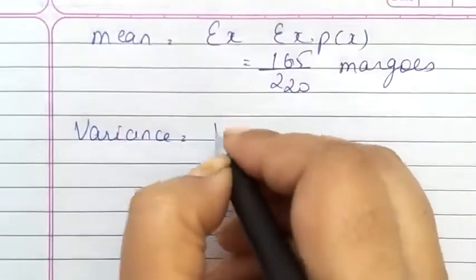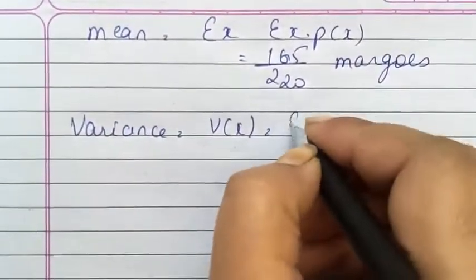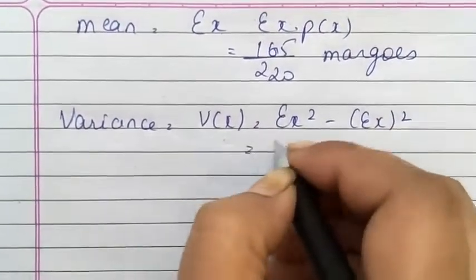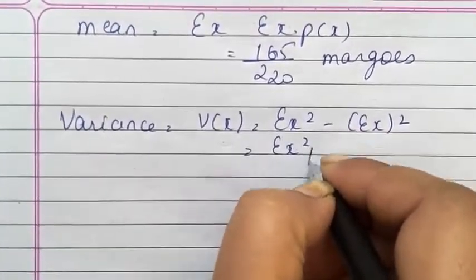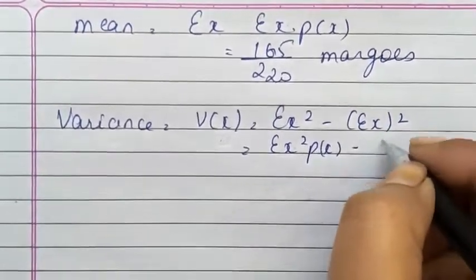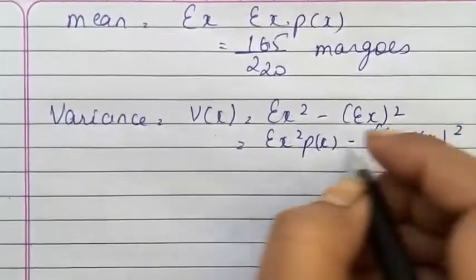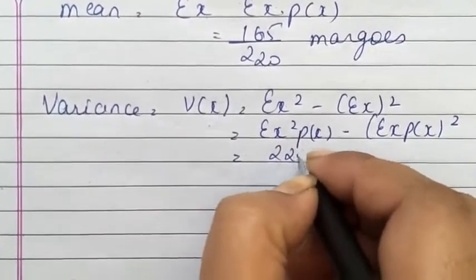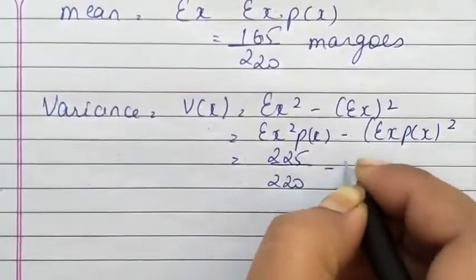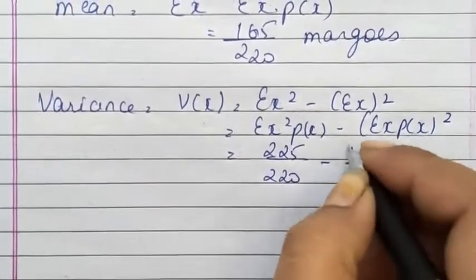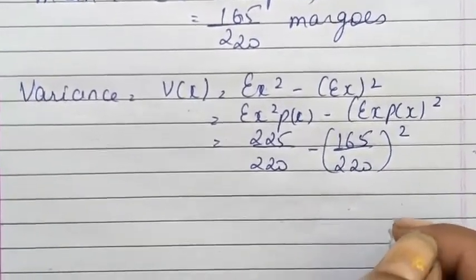So formula for variance, Vx is equals to sigma x square minus sigma x whole square, that is sigma x square px minus sigma x px whole square. That gives us 225 upon 220 minus 165 upon 220 raised to 2.